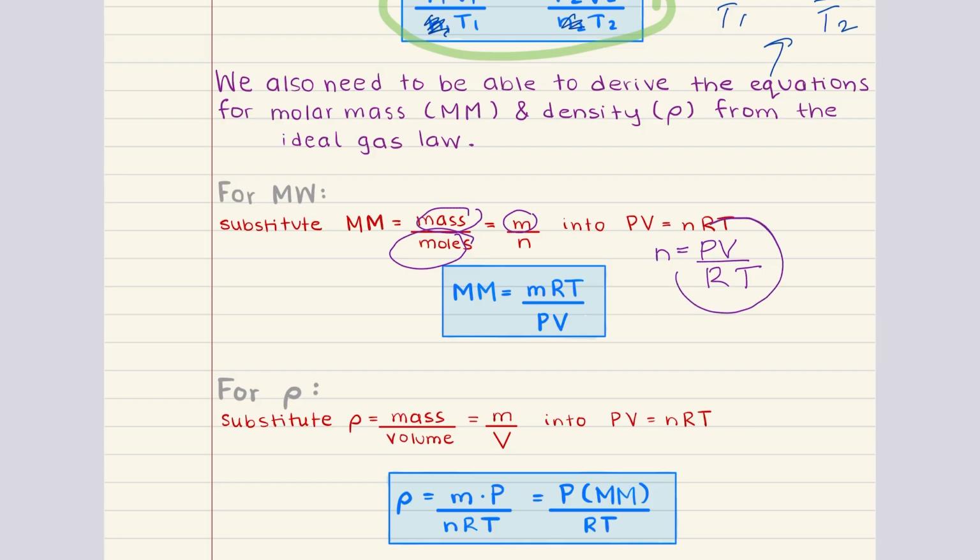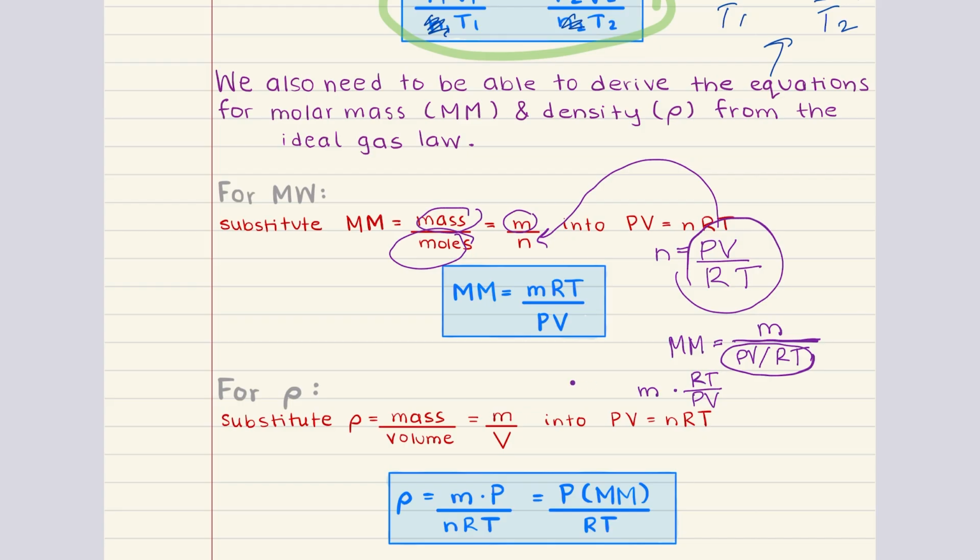Then we can take this definition of moles and plug it into our equation for molar mass. When we do this, we get that molar mass is equal to mass divided by PV divided by RT. And we know that when we divide by a fraction, this is just the numerator multiplied by the reciprocal of the denominator.